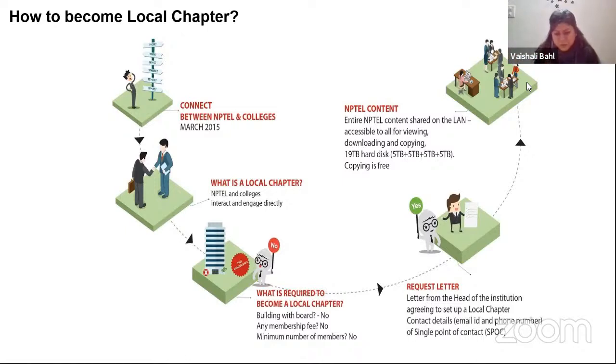What are the benefits of being a local chapter? Benefits are numerous. Your college faculty can be local mentors for your students. Being a mentor, what does that mean? For example, there is a class of 50 students, and they want to enroll for a particular subject, for example digital electronics. They have enrolled for the course, and you also enroll for that course.